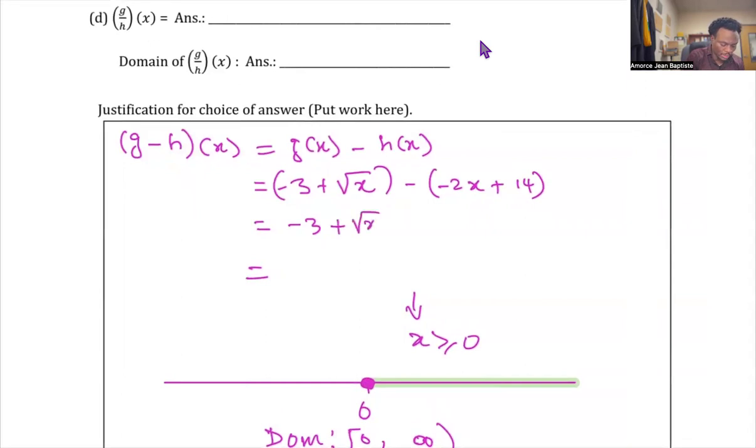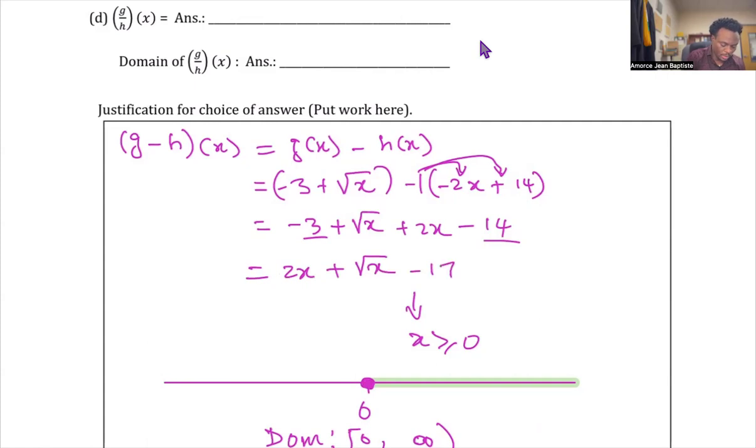So negative 3 plus square root of x, negative 1 here would multiply everything and change the signs. So that is positive 2x, and minus 14. Combine like terms, negative 3 minus 14, that's negative 17, but we're going to put 2x plus the square root of x and minus 17.